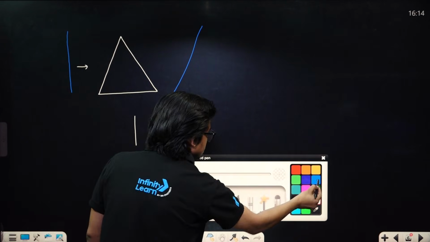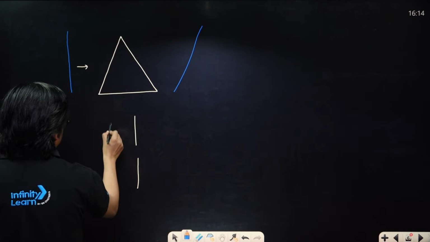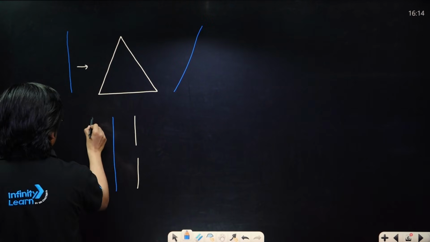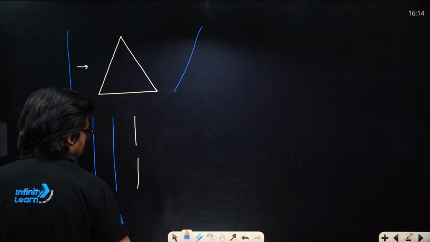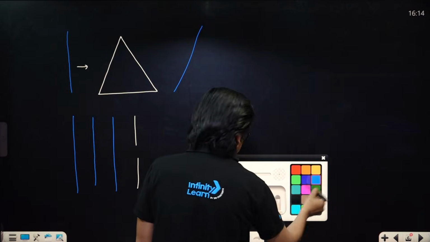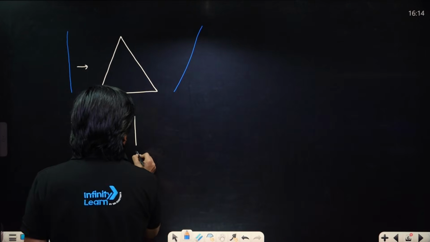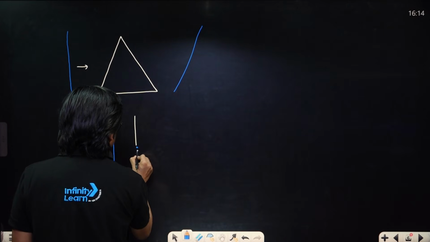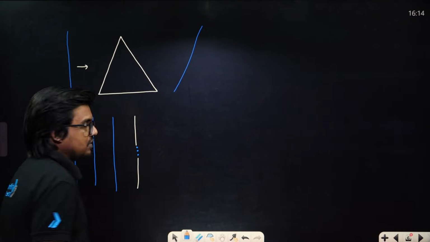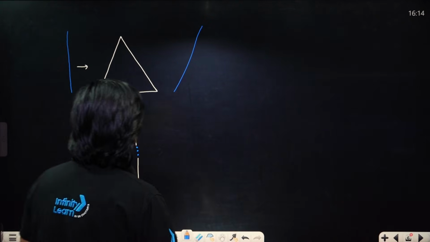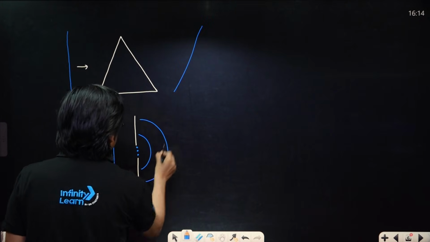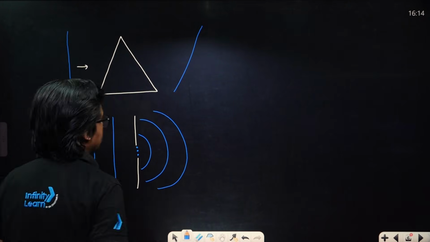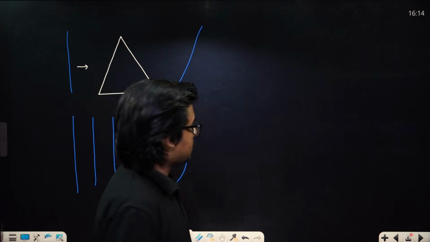And parallel plane wavefronts are falling. Then through this slit, each point on this slit will start acting as a secondary wavelet. And you will get spherical wavefronts from it. So the first statement is fully true.